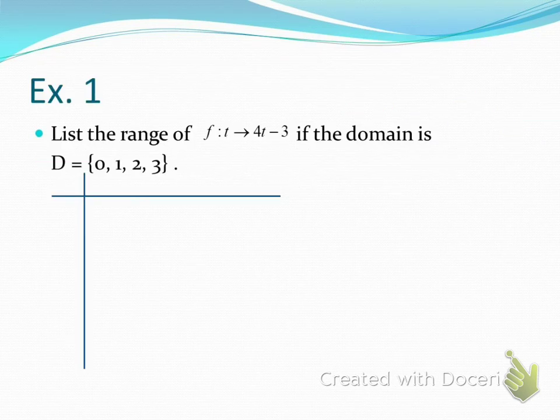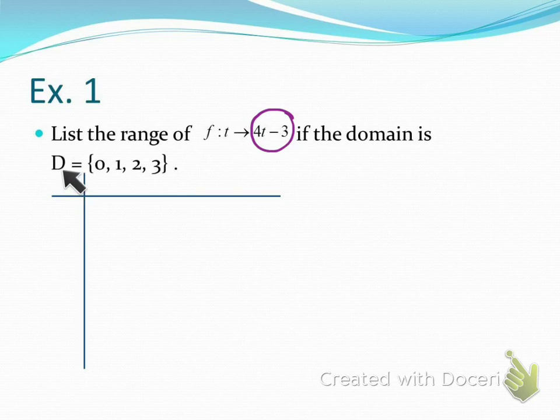All right, so we are asked to list the range of this function. They're using that arrow notation. So the function of f in terms of t is given by 4t minus 3. So all of this stuff before the arrow, we don't care about it a whole lot. What we care about is what comes after the arrow.